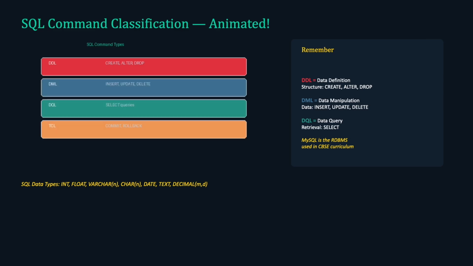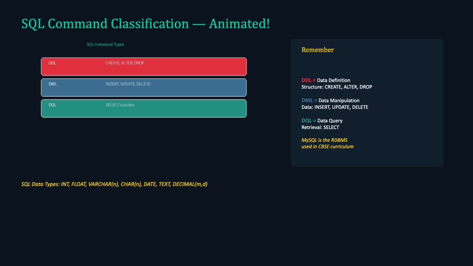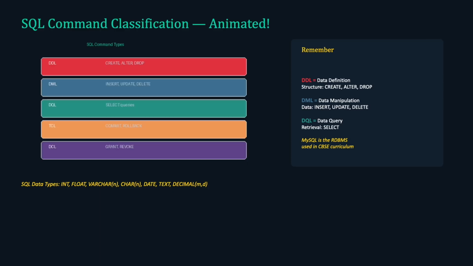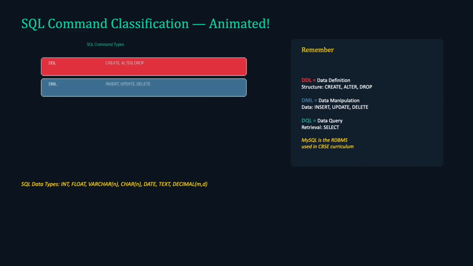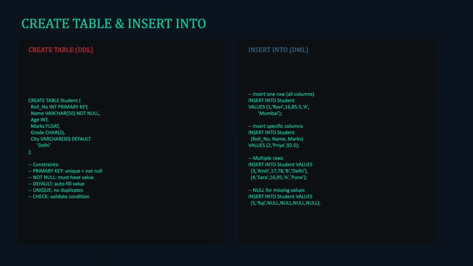SQL data types you need: int for whole numbers, float for decimals, varchar for variable length text, char for fixed length, date for dates. MySQL is the RDBMS used in CBSE course. Create table defines a new table with columns and constraints.